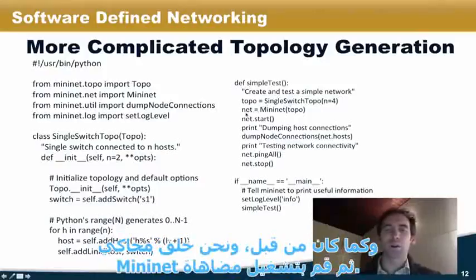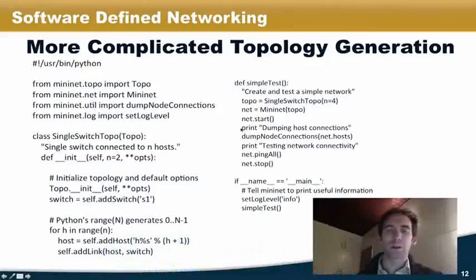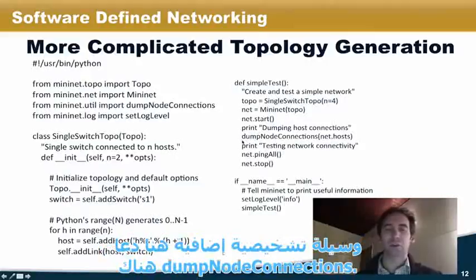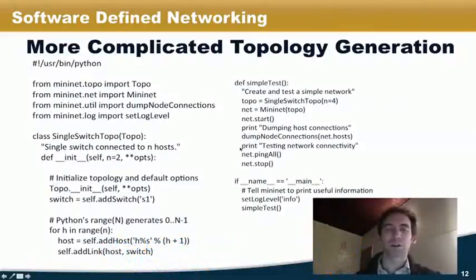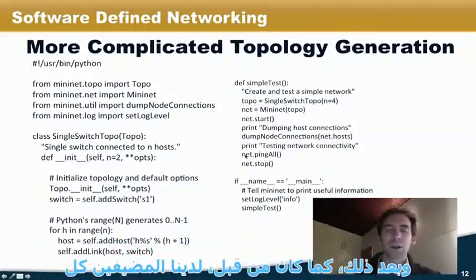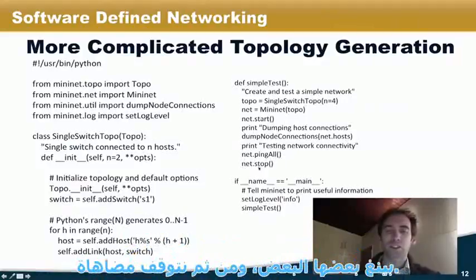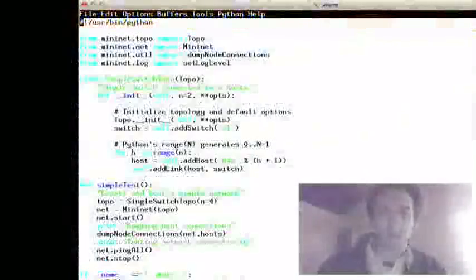And as before, we create a Mininet emulator and then start the emulation. There is an additional diagnostic method here called dumpNodeConnections. And then, as before, we have the hosts all ping one another, and then we stop the emulation.